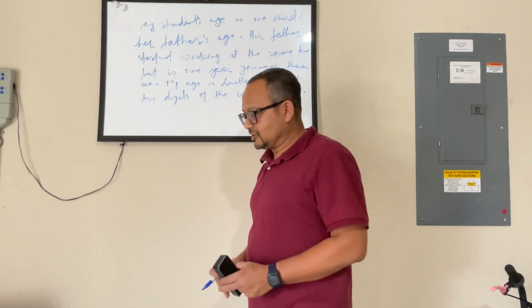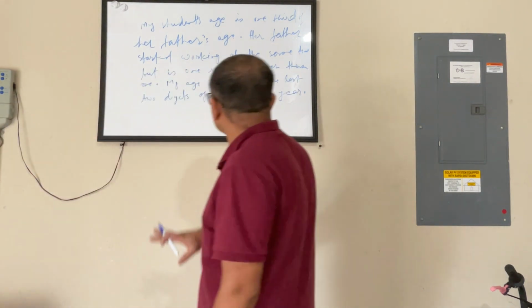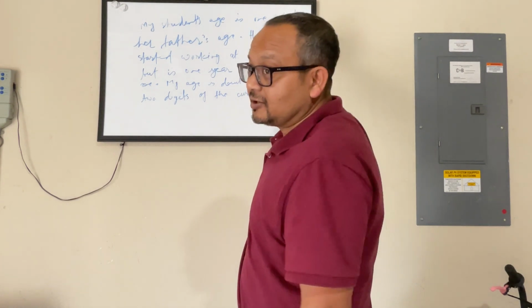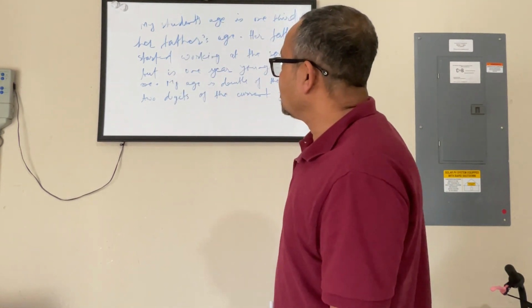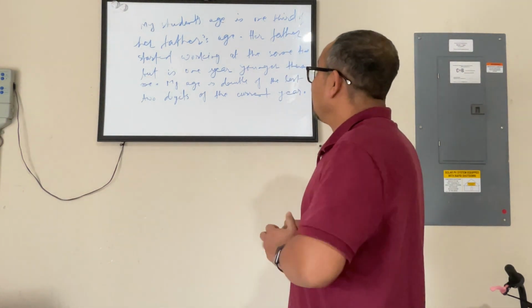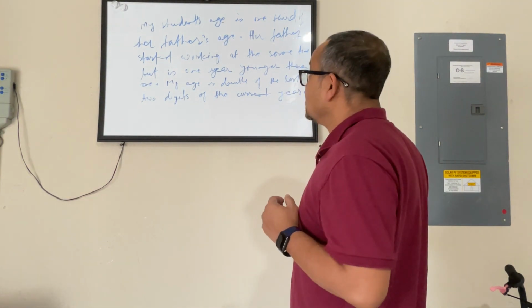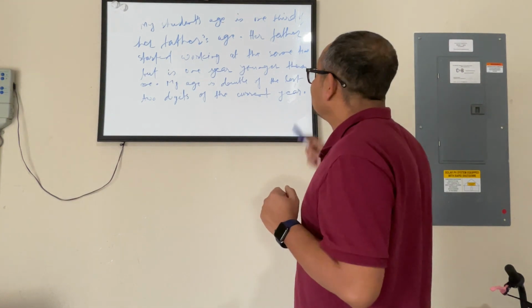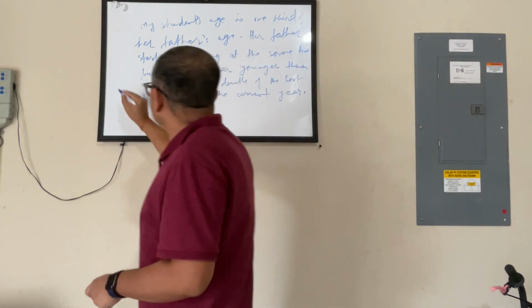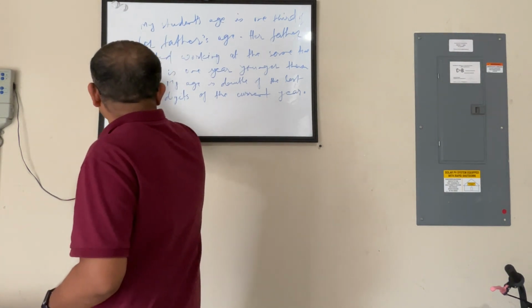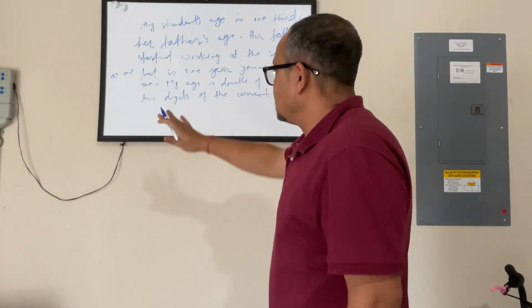Done? Let's see. I'm just repeating the question so you can review if this is in line with what it is supposed to be. My student's age is 1/3 of her father's age. Her father started working at the same time as me, but is 1 year younger than me.